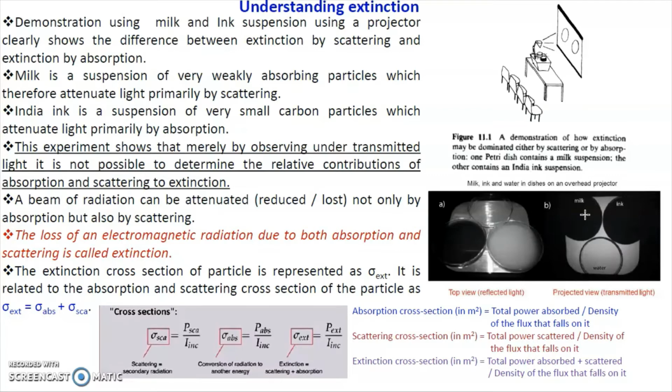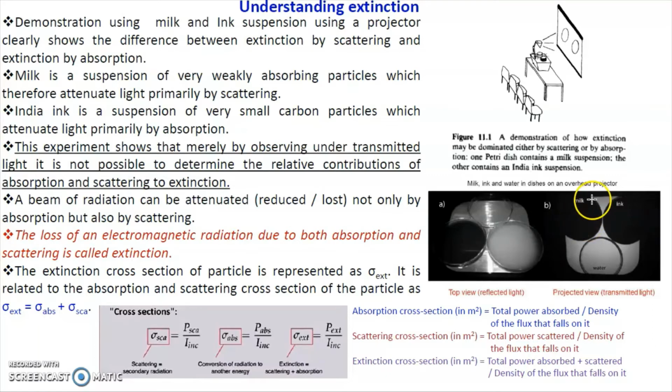In the case of milk, when the light is incident from the top and we see the image in the reflected light, it is white because it is scattering the light. All the light gets scattered by the milk, and you see the milk is white. But in the case of transmitted light, the light gets absorbed by the milk, and therefore the milk does not allow the incident light to penetrate through to the other side.